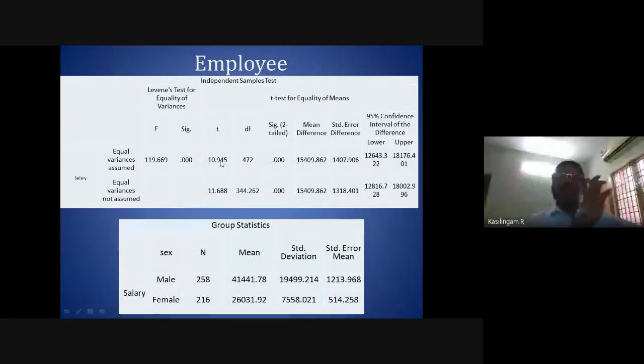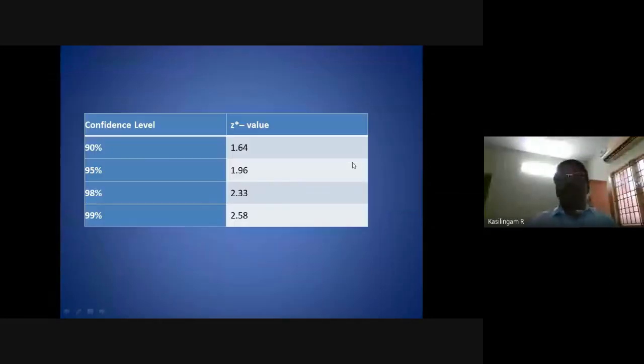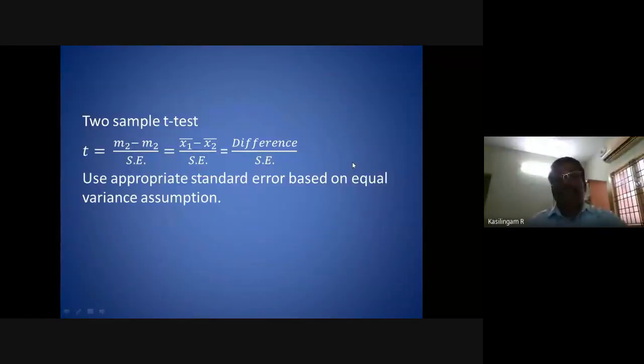That t value is the mean difference, that is the estimate, x1 bar minus x2 bar, divided by the standard error.